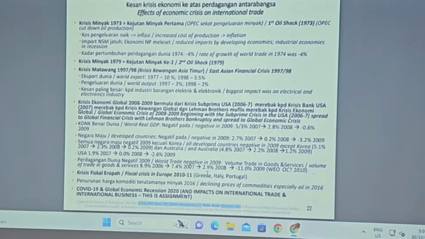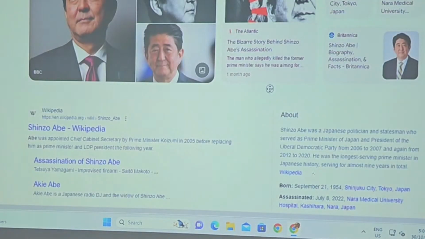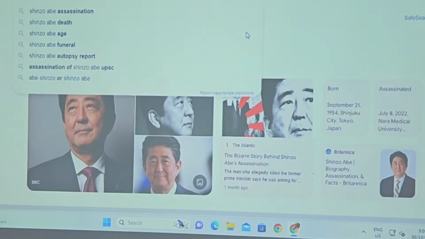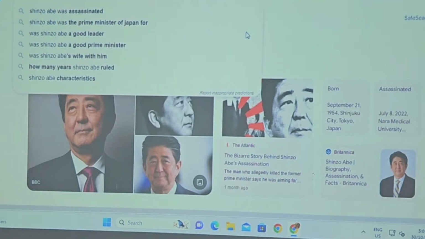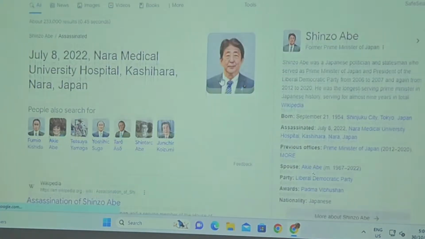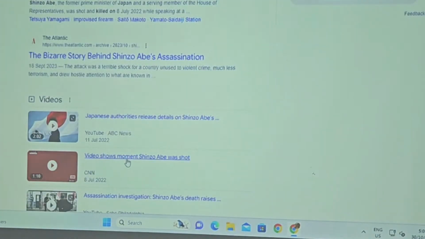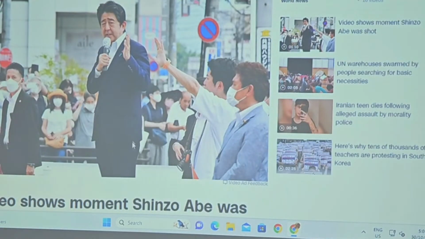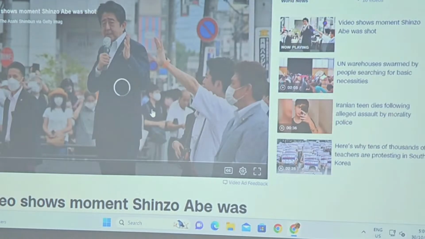What do you mean by crazy? The crazy guy. This was during campaigning.